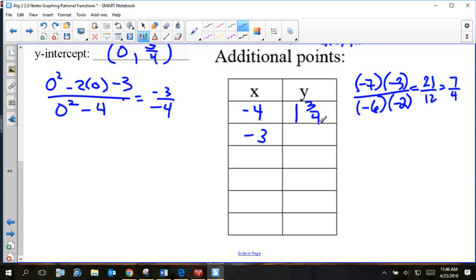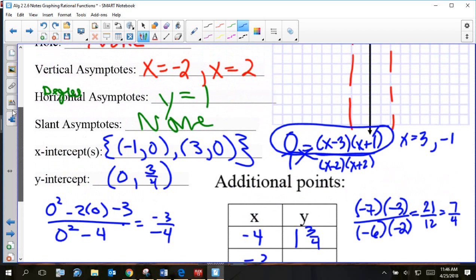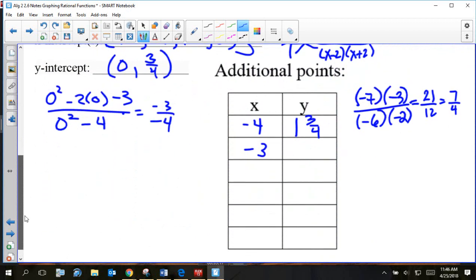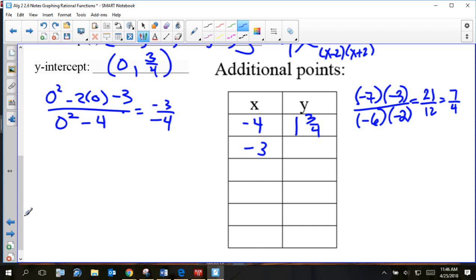So I got 1 3/4. It's okay to get fractions. (-4, 1 3/4). So -3, plug that one in.